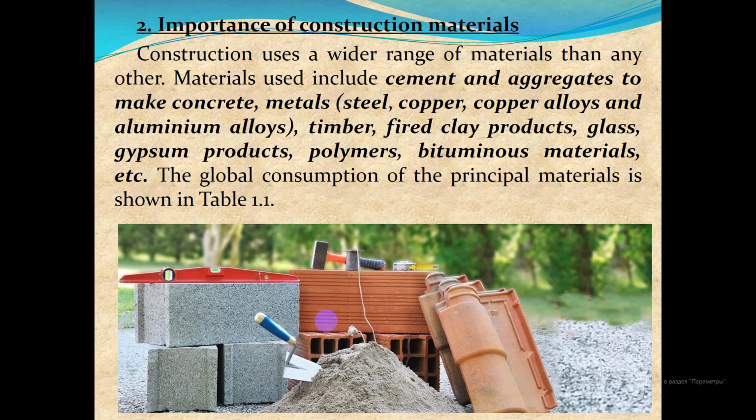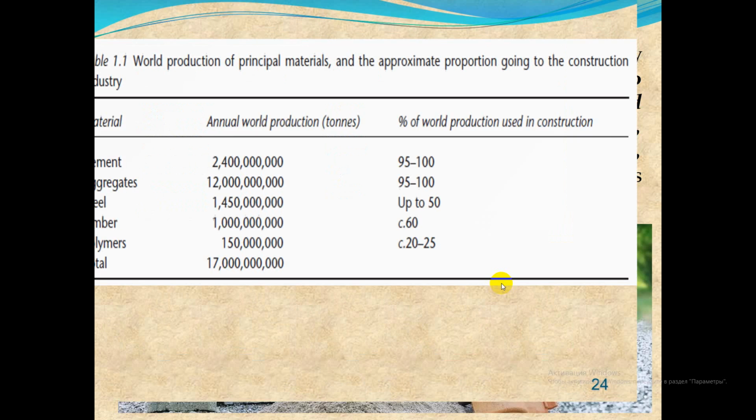Materials used include cement and aggregates to make concrete, metals, primarily steel, but with significant amounts of copper alloys, aluminium alloys, timber, fired clay products, glass, gypsum products, polymers, bituminous materials, etc. The global consumption of the principal materials you can see in the table.